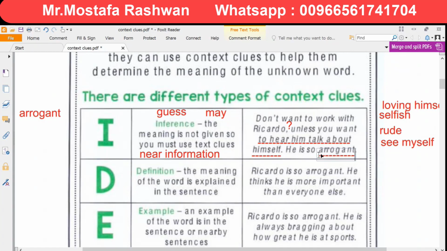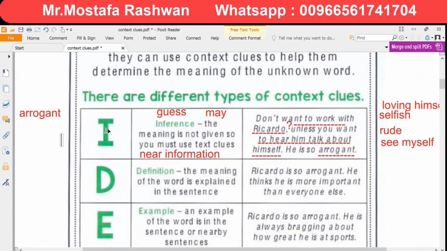From where I got these meanings that I guessed: based on this detail, I was able to guess the meaning based on this line, to hear him talk about himself. He is arrogant, so you won't want to work with him. You will hate yourself if you work with this type of character.